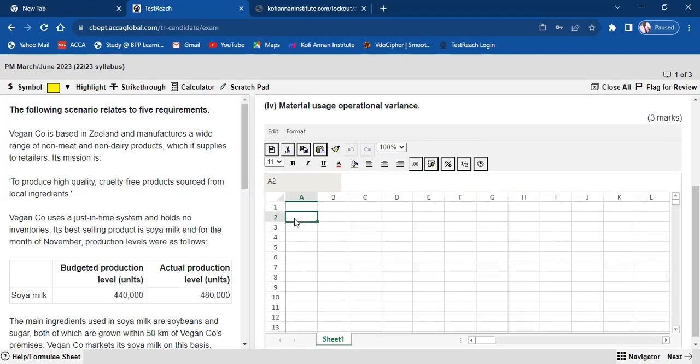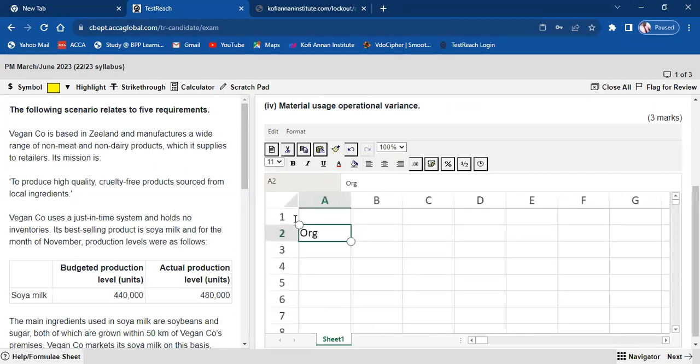You and I learned that for planning and operational variances, I've got to take my original budget, but it must be flexed. I've got to compare that with my revised budget, also flexed. And I've got to compare that with actual results.